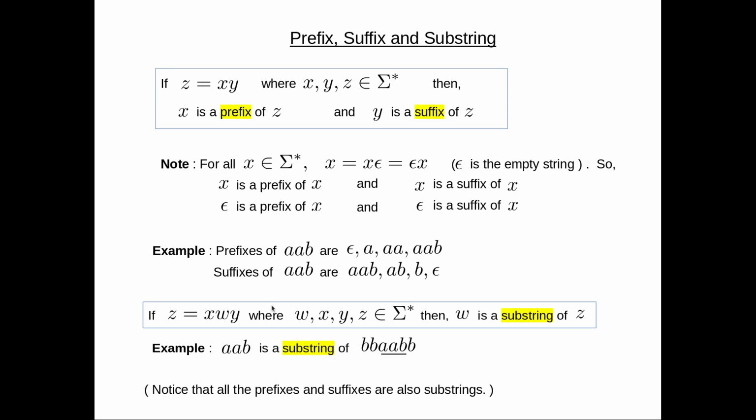Now prefix, suffix and substring. Again, they are very natural. You can guess the definition from the name itself. If you have a string z which you can break into x and y, meaning it's a concatenation of x and y, then this x is a prefix of z and this y is a suffix of z.